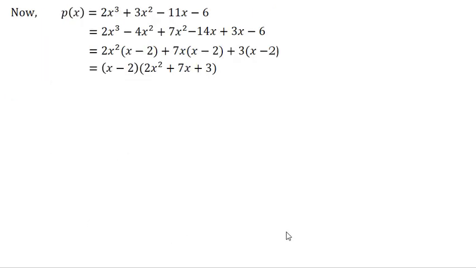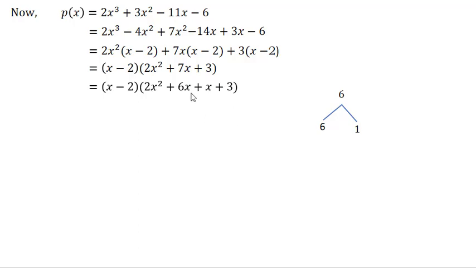Now I already know how to factorize this 2x square plus 7x plus 3. So for that I need 2 numbers whose product is 6 and addition is 7. This problem we have already done. So 6 I will split as 6 into 1. So I will write this 2x square plus 7x plus 3 as 2x square plus 6x plus x plus 3.